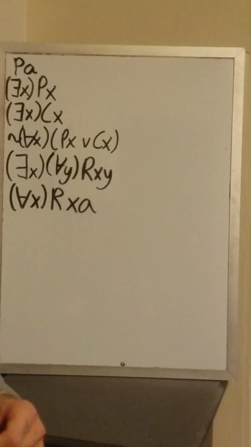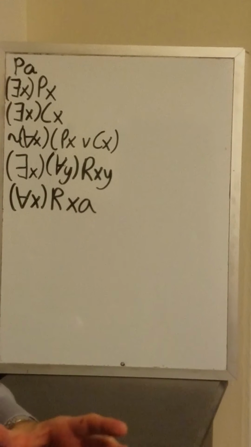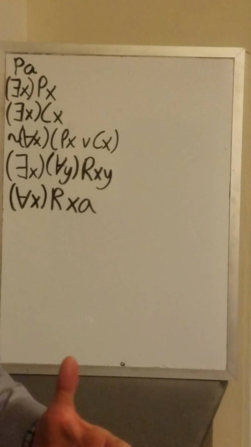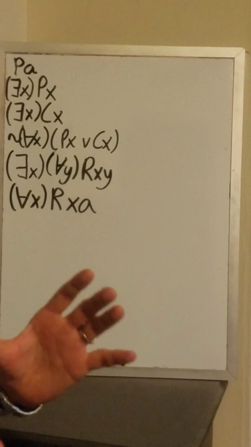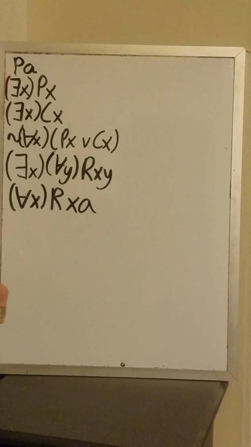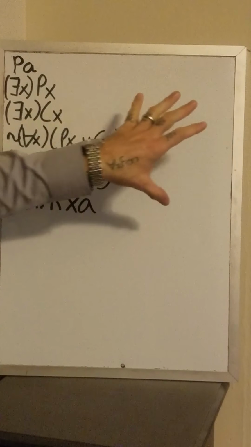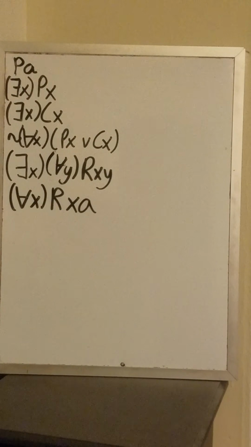This is not really going to be a part of your answer if you use this method. It's not something you would turn in, but it's a good thing to do on your scratch paper to help you get a feel for what you're doing and keep it systematic. So let's take a look at these sentences and see what a model of these sentences would look like. As we read the sentences, we'll start putting into our interpretation what we need to make these sentences true.